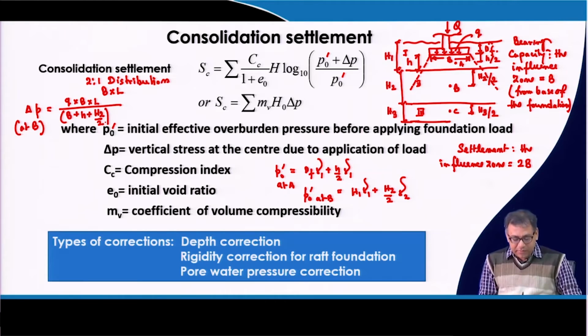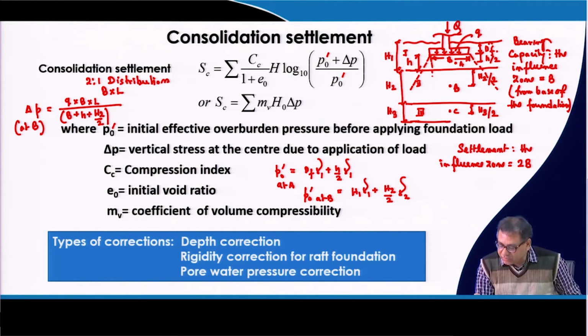Okay. So, now as it is a 1:2 distribution, if this is any depth z, this will definitely be z by 2.